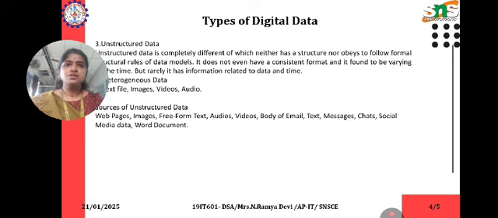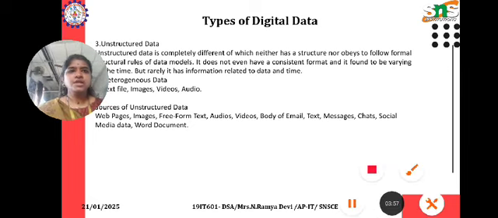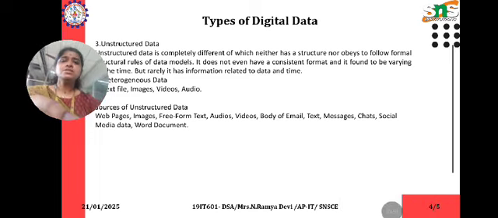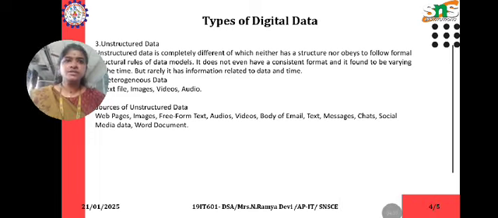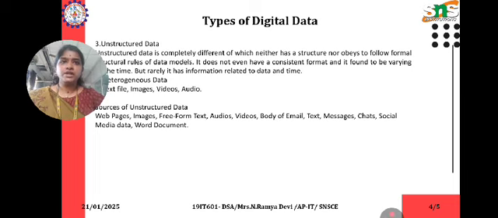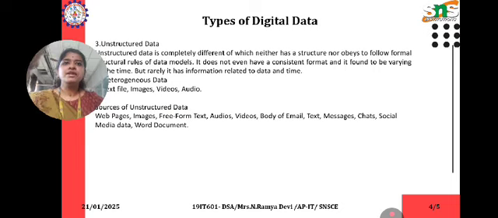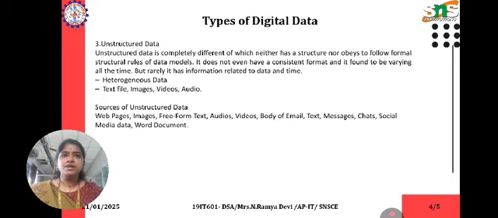The next thing is unstructured data. Unstructured data is completely different, as it neither has a structure nor obeys formal structural rules of data models. It does not even have a consistent format, and it is found to vary in time, but rarely has information related to date and time.